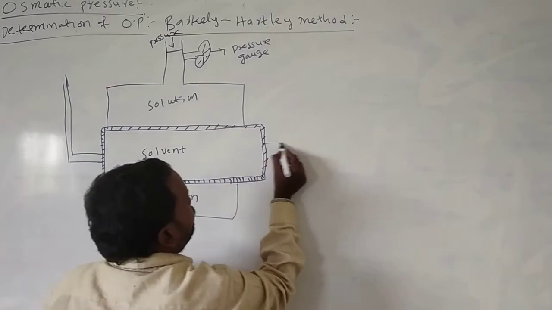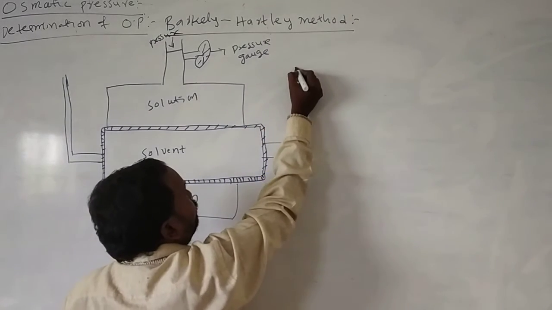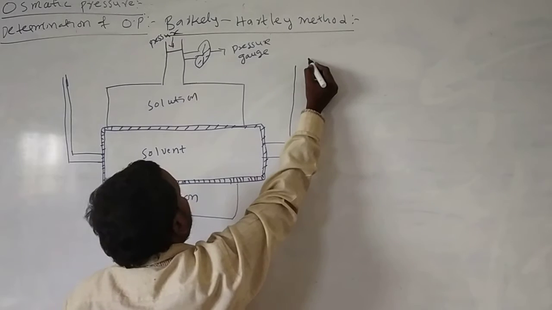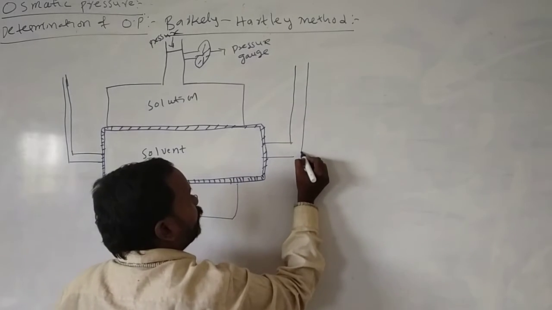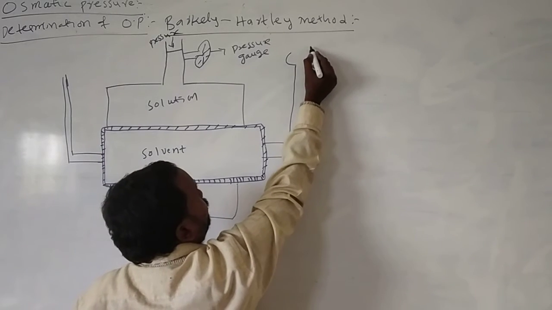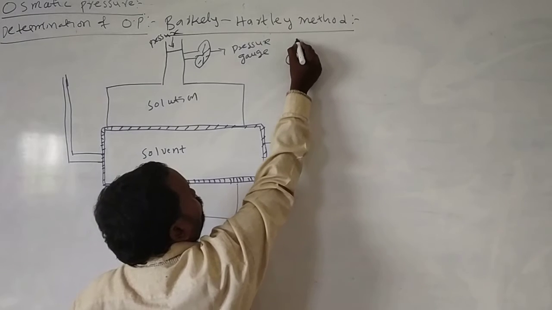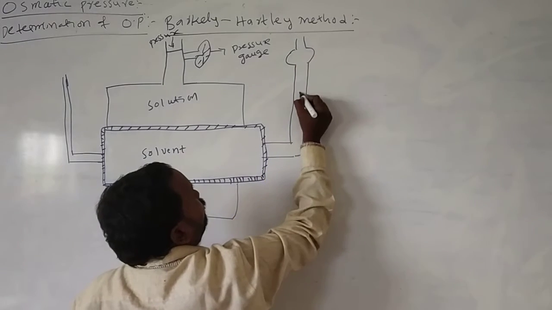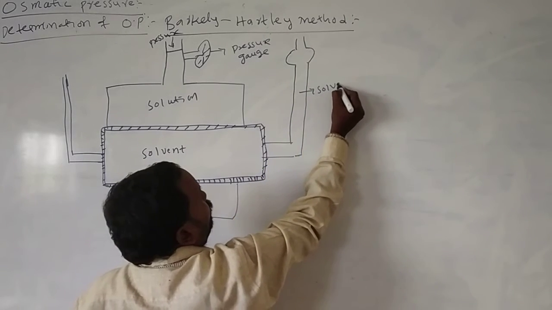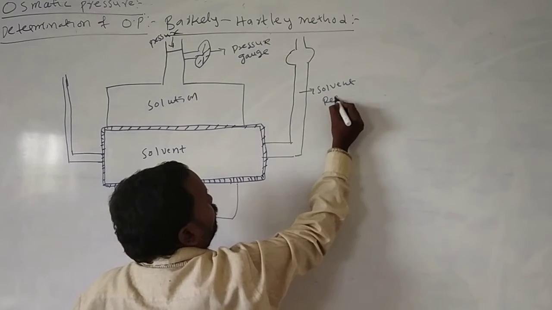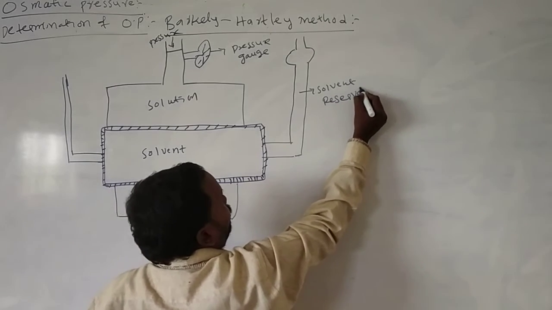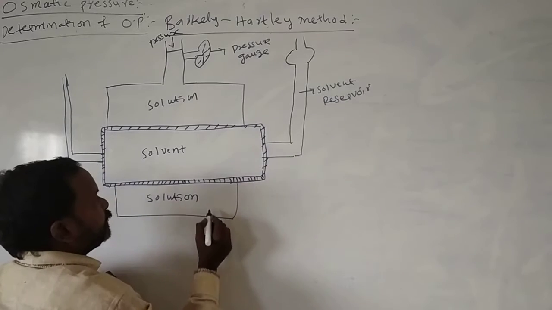On this side we take a solvent reservoir. That means we are passing solvent from here. We call this the solvent reservoir. This is the solvent.